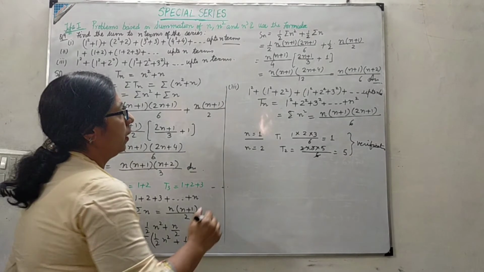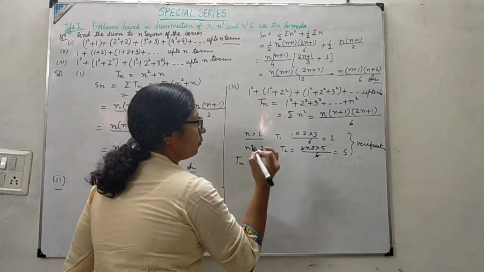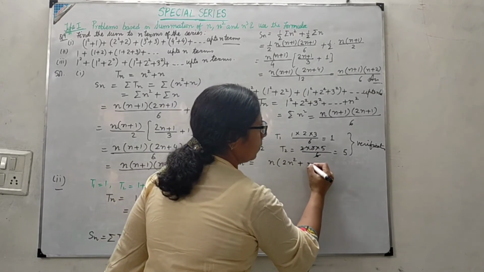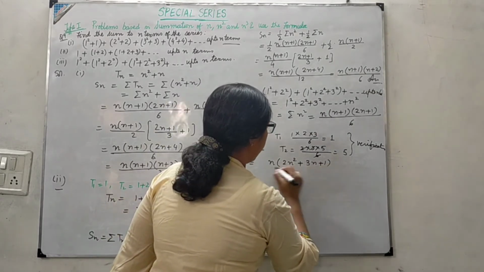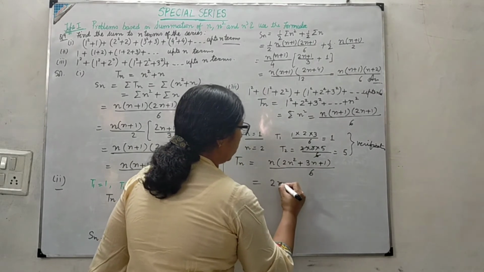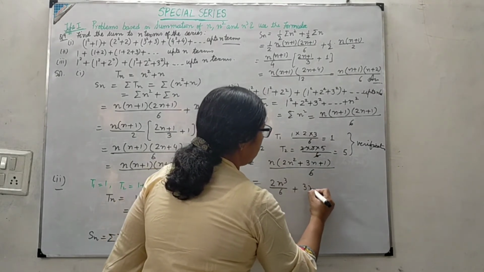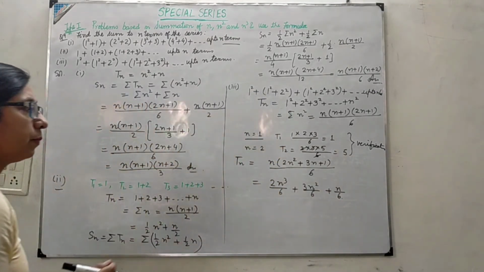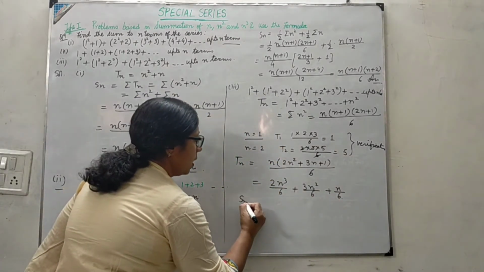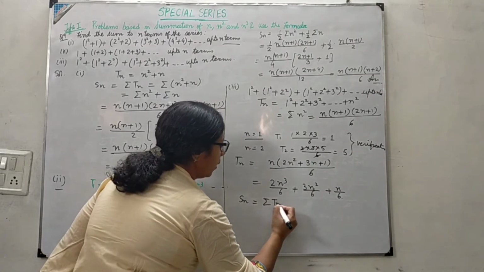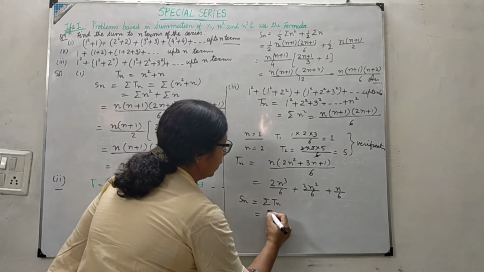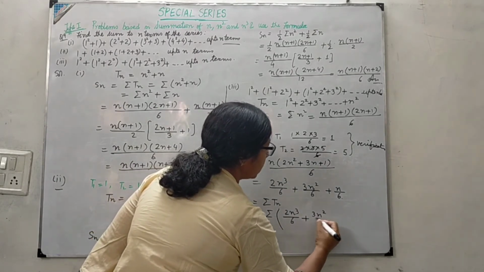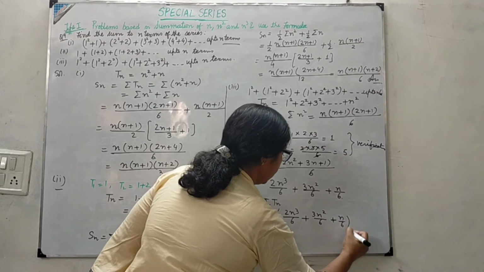Now Tn further after simplification becomes n into 2n square plus 2n plus 1, 3n plus 1 by 6. So this comes out to be 2n cube by 6 plus 3n square by 6 plus n by 6. We have got Tn simplified so that I can use Sn as sigma Tn and operate sigma over Tn. This is sigma 2n cube by 6 plus 3n square by 6 plus n by 6.